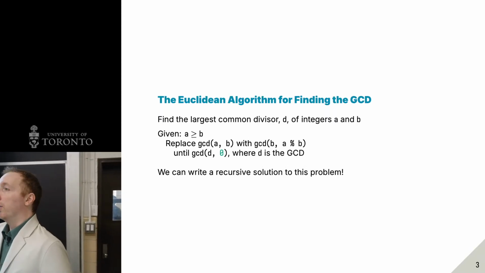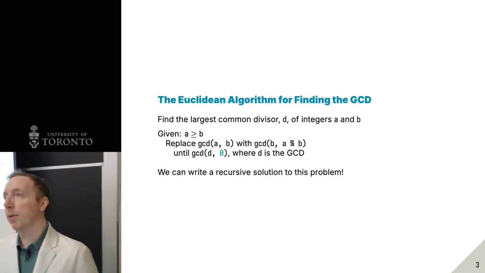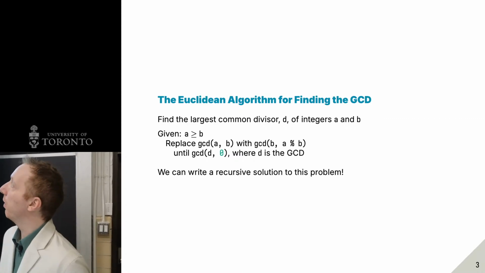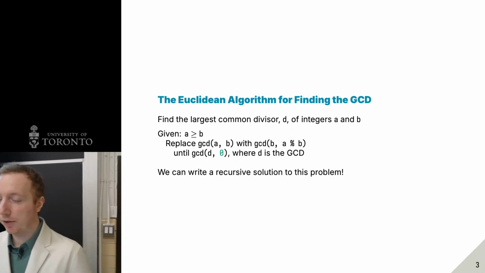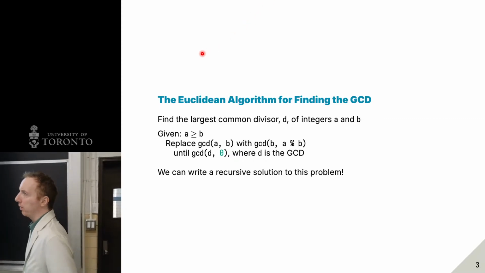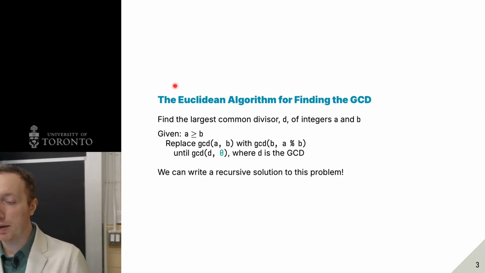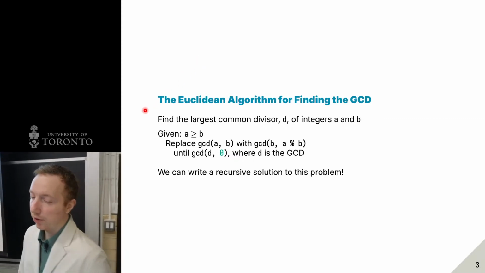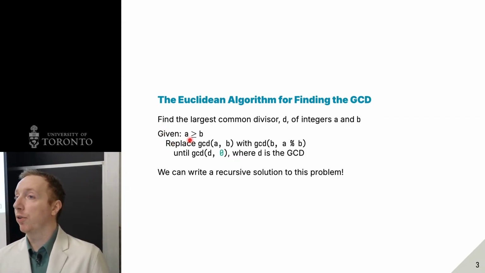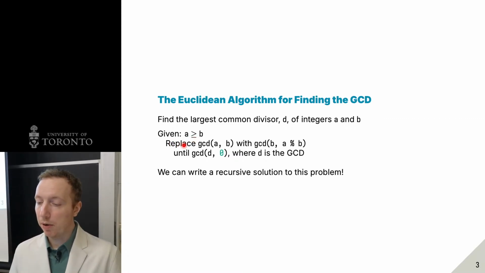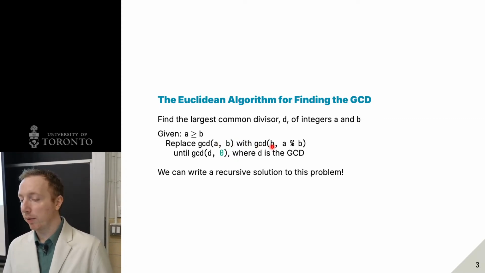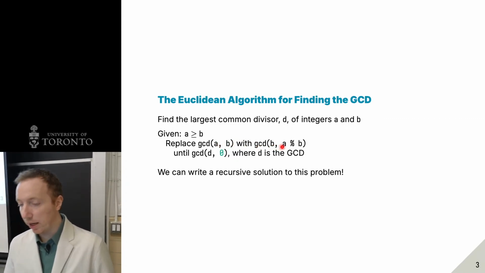We don't really necessarily have to get into the math of how this works, but just how we actually implement it. There is something called the Euclidean algorithm for finding the greatest common divisor. To find the largest common divisor d of integers a and b, if a is greater than or equal to b, then we can replace the greatest common divisor of a and b with the greatest common divisor of b and a mod b.